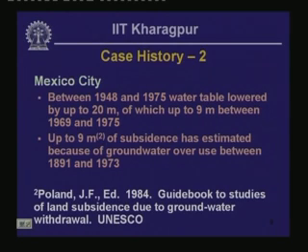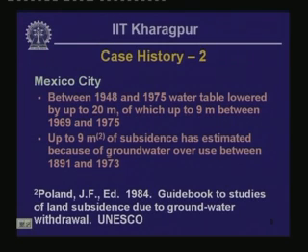In Mexico City, between 1948 and 1975, water table has been lowered by up to 20 meters, and out of these 20 meters, 9 meters has taken place between 1969 and 1975. And unlike Calcutta, the soil condition in Mexico comprises largely fine grained material, but the fine grained soils are remarkably softer in comparison with those encountered within the city of Calcutta.